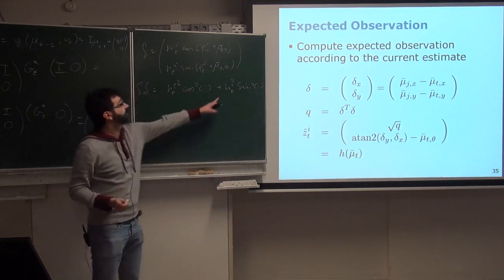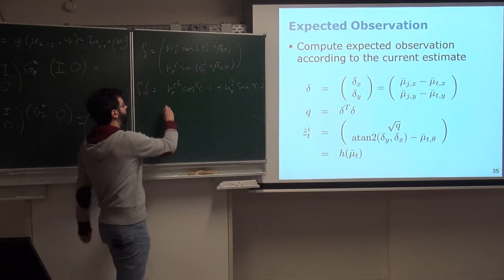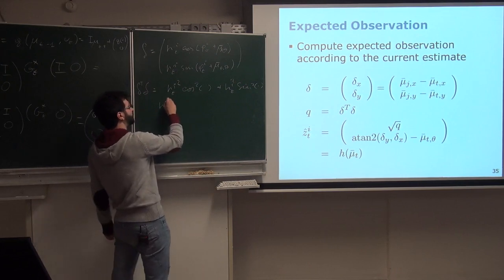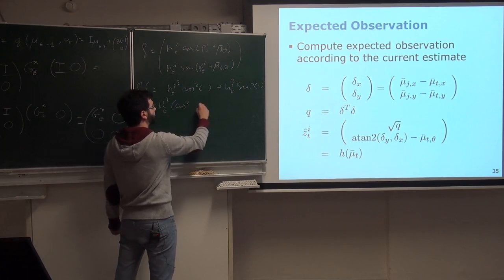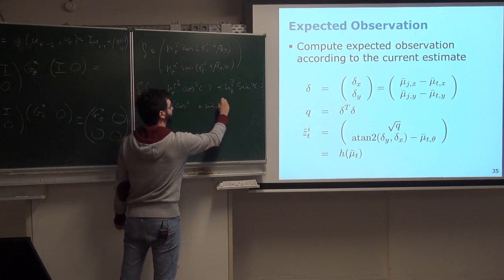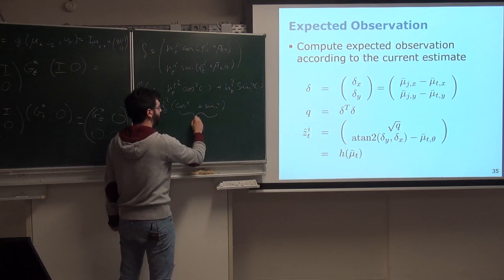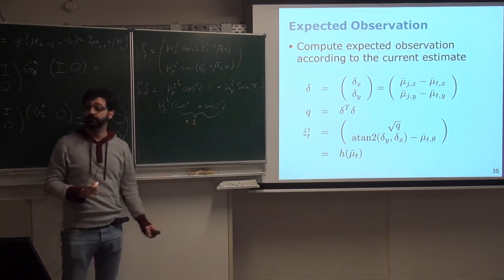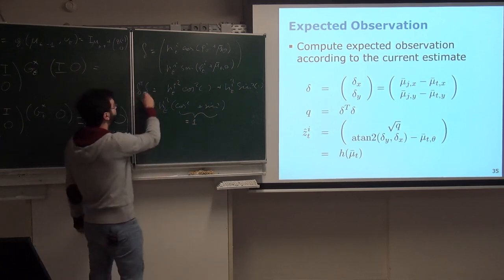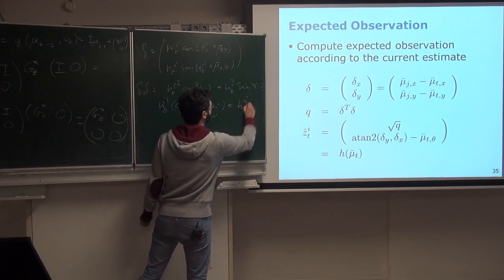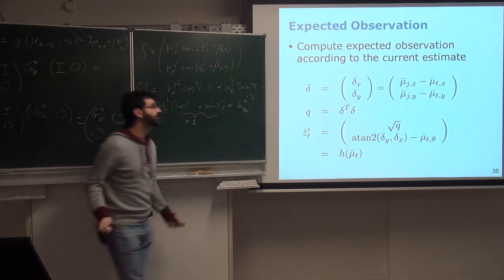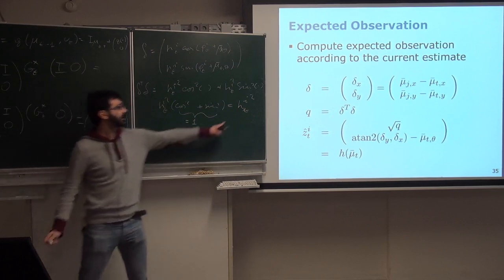If you collect the r, you end up with r_ti squared times cosine squared plus sine squared. We know that this one is equal to 1. So we know now that this altogether is equal to r_ti squared. So we just take the square root of this and we get the r.